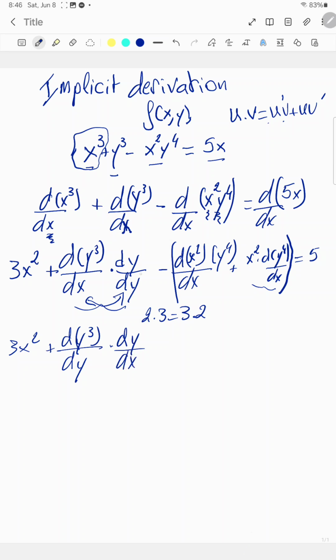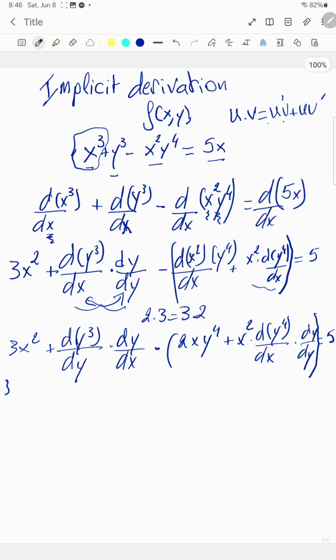I just swapped it because multiplication is commutative. Minus, now the derivative of x squared according to x is 2x y to the power of 4, plus x squared times d of y to the power of 4 divided by dx, multiplied by my famous one, which is dy divided by dy, equal to 5. And I want to close my parentheses here.